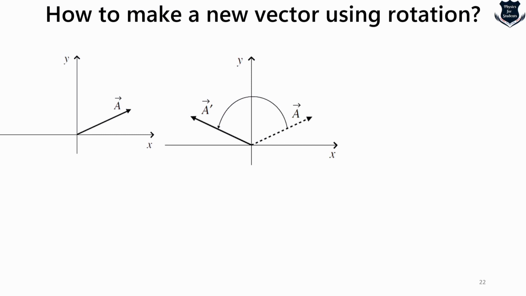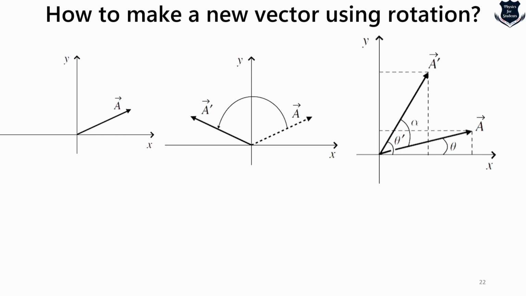Now the relationship between the components of the original vector and the new vector can be expressed in this way. This is a rather geometric construction. In this example, you can see there is a rotation of alpha.